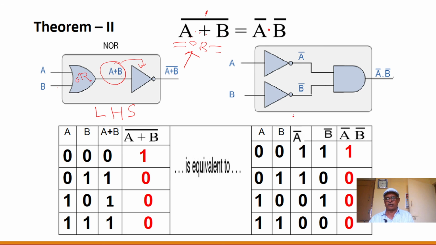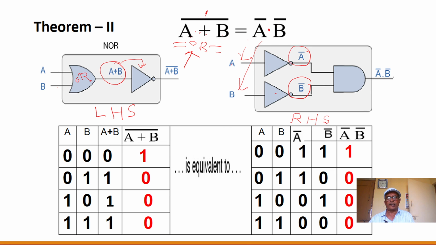Now here this is the right hand side. Now in this case again we are using the same inputs A and B. So this is the input A and this is the input B. Now we want to take A bar. So if we give input to NOT gate, we will get here A bar. Similarly another input is connected to another NOT gate and we will get B bar.